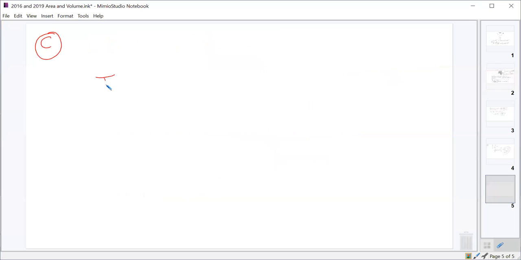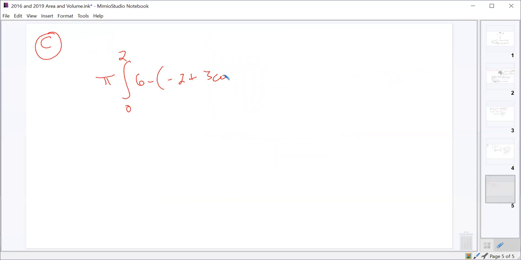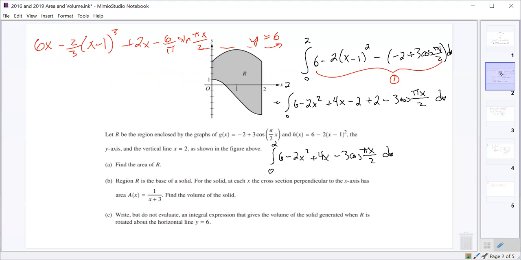So we'll say pi times an integral from 0 to 2 of 6 minus, what was it, negative 2 plus 3 cosine pi x over 2. And if you just want to write g of x or whatever that function itself was, that's fine. Minus, and then our inner radius should be 6 minus the upper function.